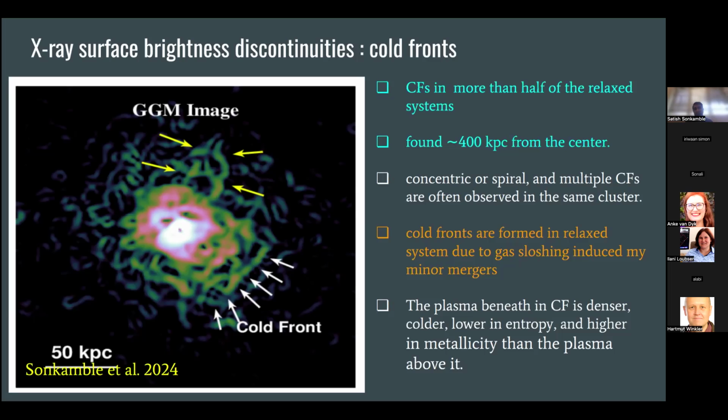Here, one point is that they are observed in both kinds of clusters, but we will focus on the cold fronts in cool core systems. If you check beneath the cold front, the gas is much denser, with lower entropy and higher metallicity than the plasma just above it.